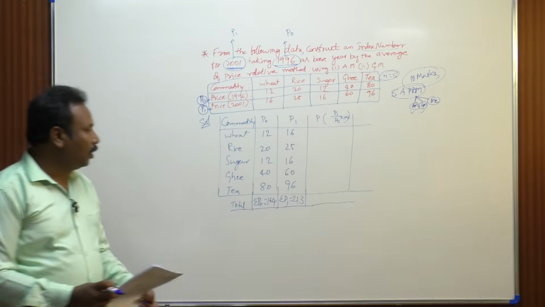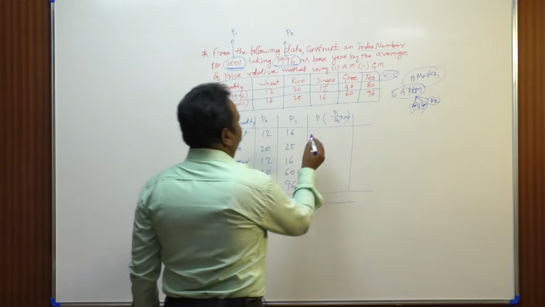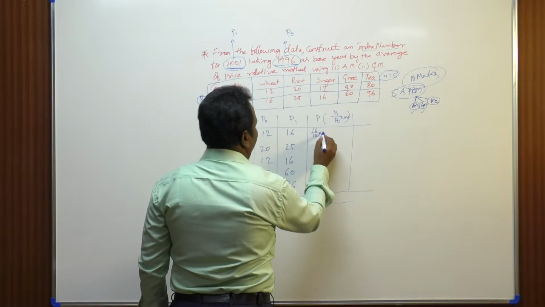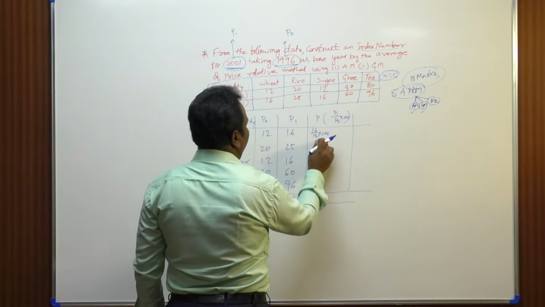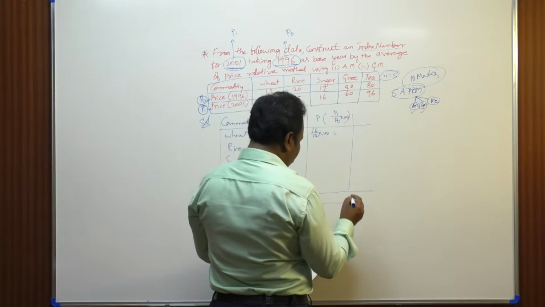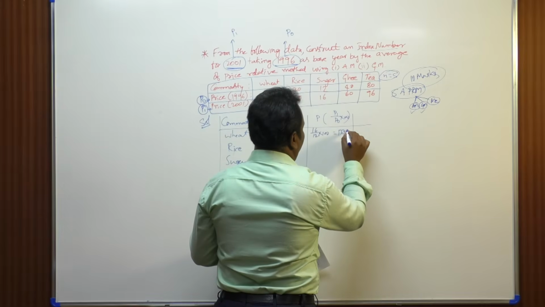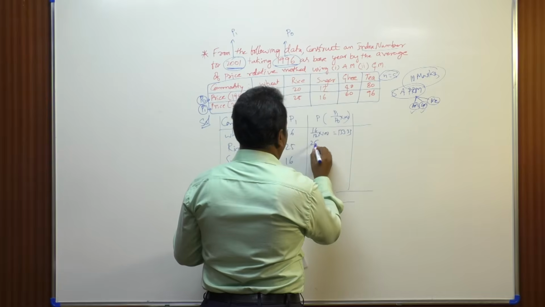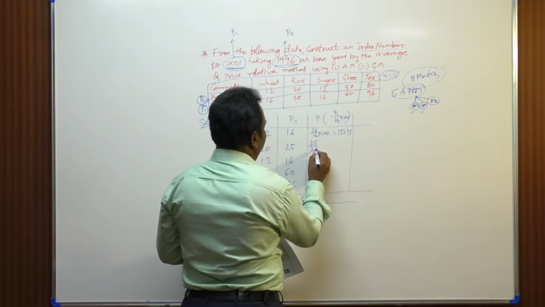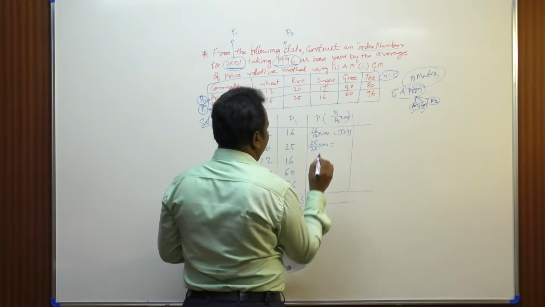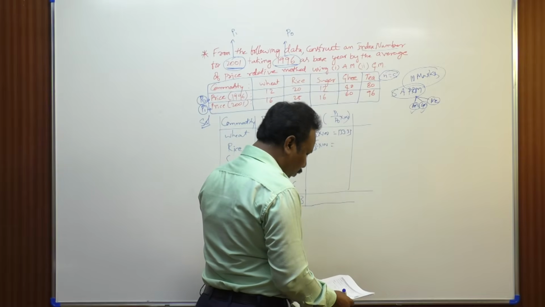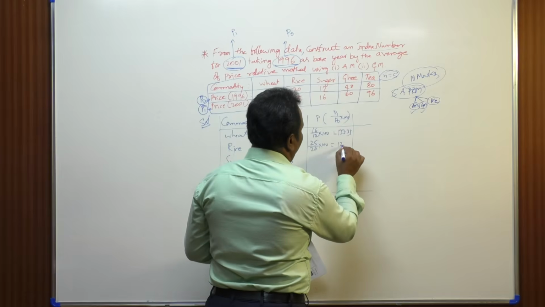Now P equals P1 divided by P0 into 100. For wheat, 16 divided by 12 into 100 is 133.33. The second item, rice: the present value is 25 and the base year value is 20, into 100, that is 125.